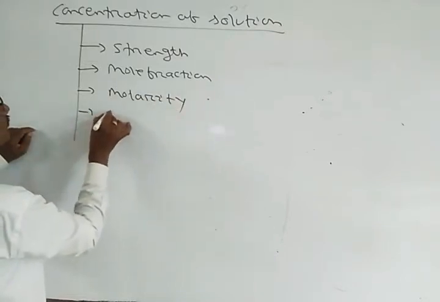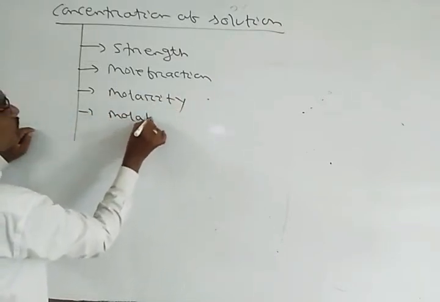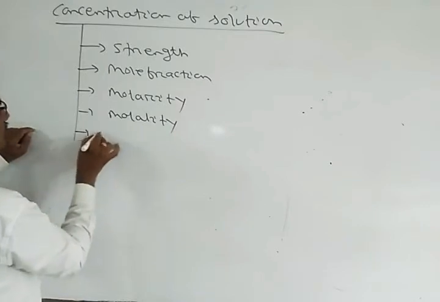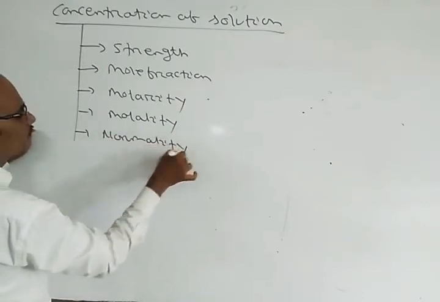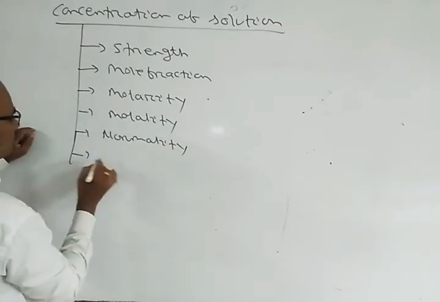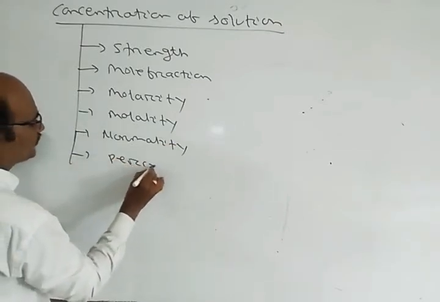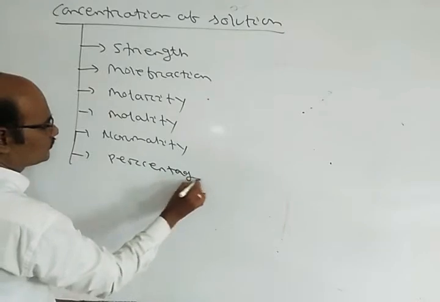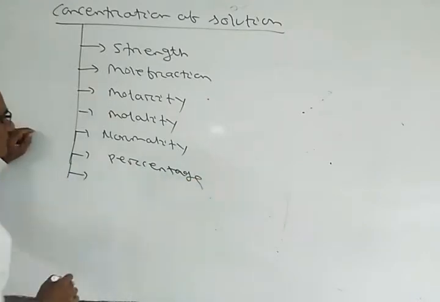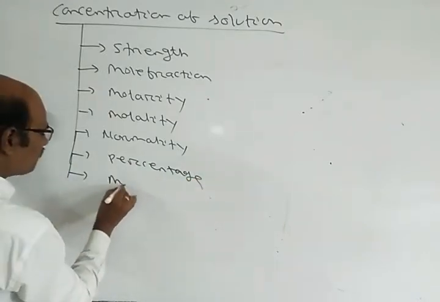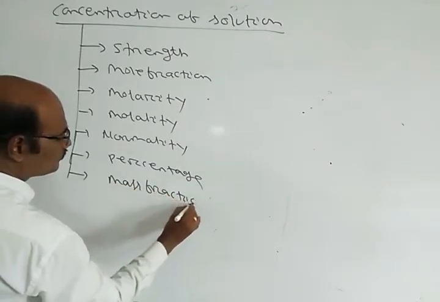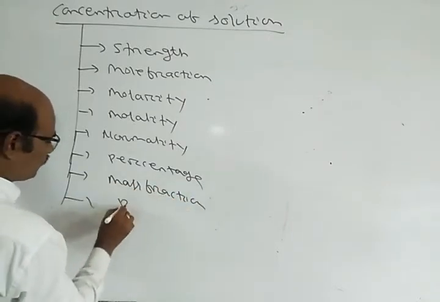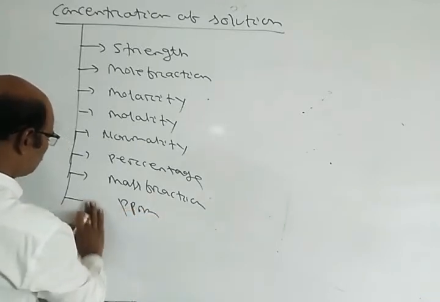You can take molality. We can take normality. We can take percentage, mass fraction, and parts per million, ppm.